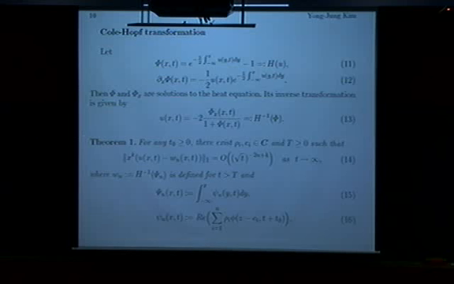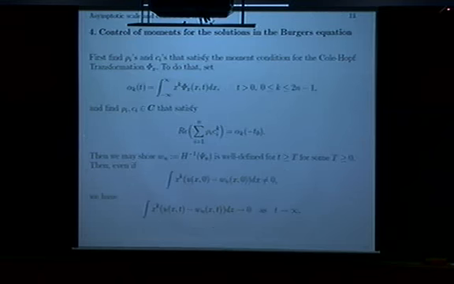So here are rho i, c i's. They are picked to satisfy the moment problem for the Cole-Hopf transformation. So let's fix the derivative of the Cole-Hopf transformation and set the moment of this one as alpha k, and solve the moment problem here.